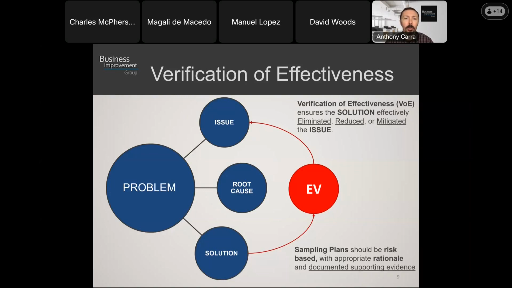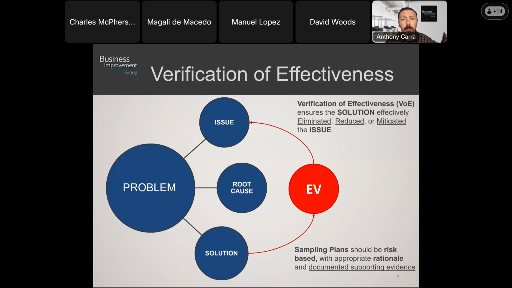Right. First and foremost, if we go back to that simplified problem-solving diagram that I have, a proper EV, or proper effectiveness verification, should tie back to the issue, right? So once you've implemented a solution, we should be coming up with a way of measuring the original issue and demonstrating that it has been either eliminated, reduced, or at least mitigated.